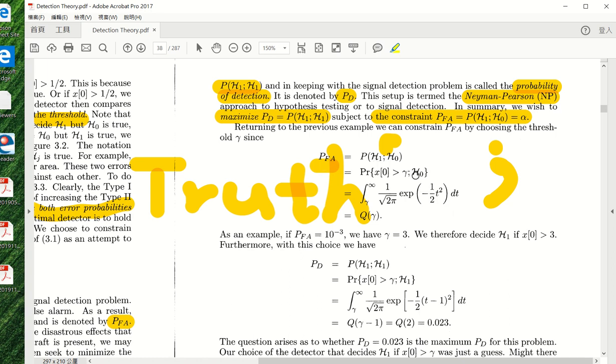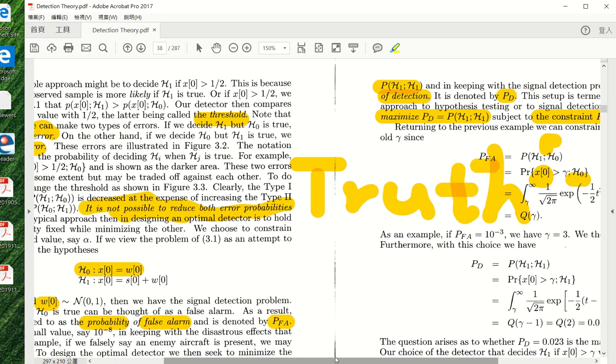And then we go into mathematics, conditioned on H0, the sample. Recall what I said: a realization, an observation coming from a random variable. So while H0 is the truth, this is H0, and it will be distributed this way.